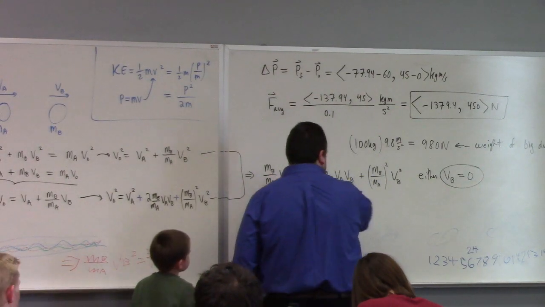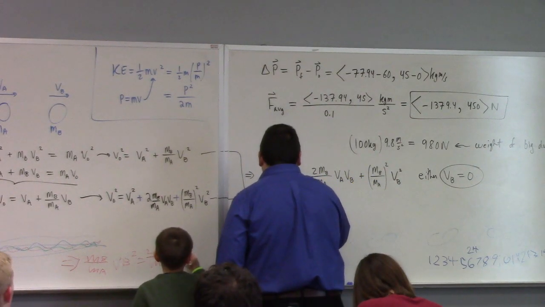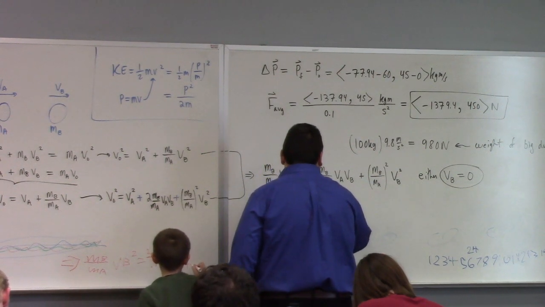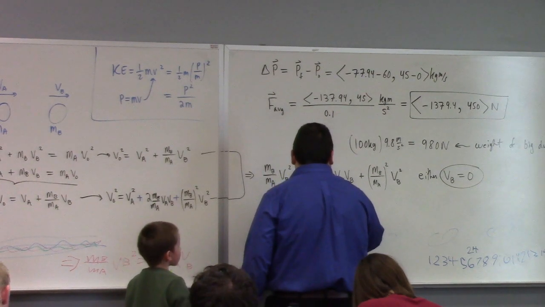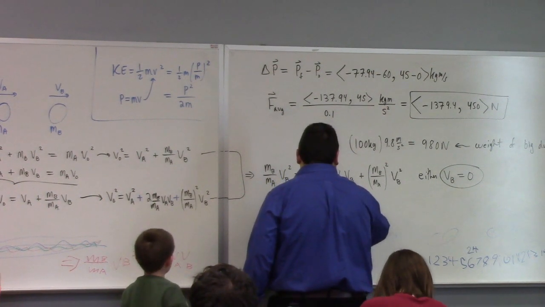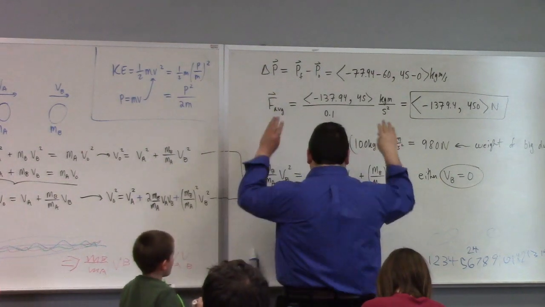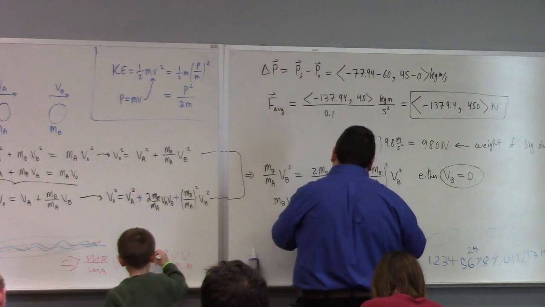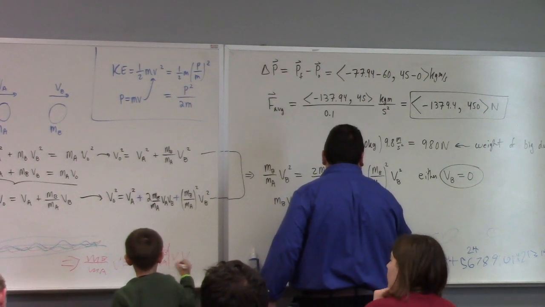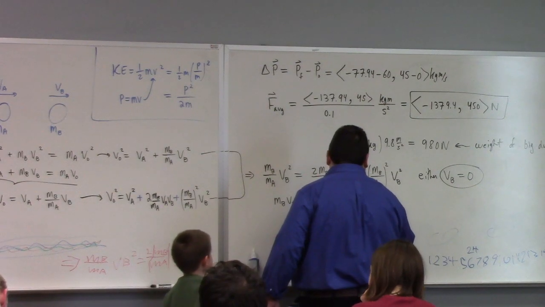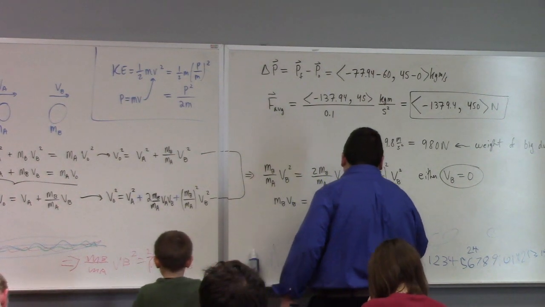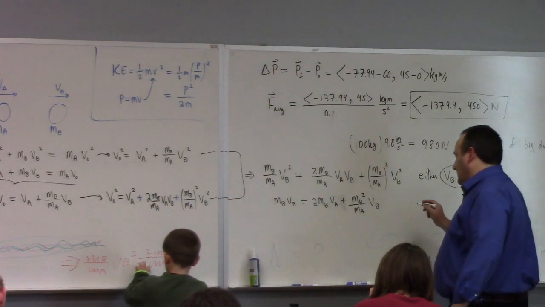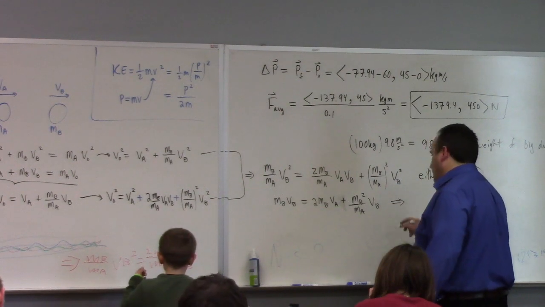Let's multiply this by MA. We've got MB VB is equal to 2 MB VA VB. Well, I'm going to divide by VB too. So divide by VB and multiply by MA. We get MB VB plus 2 MB VA plus MB squared over MA VB, which I could rewrite, if I haven't made a stupid mistake.